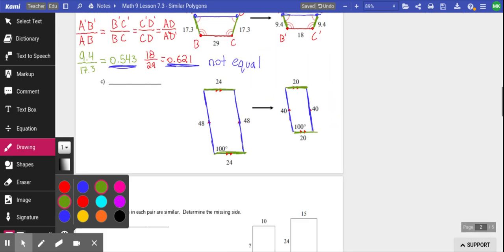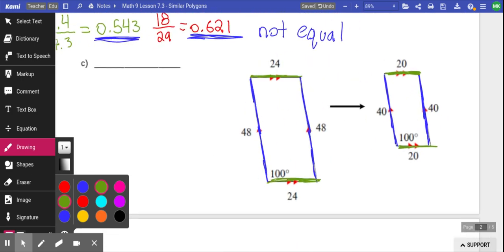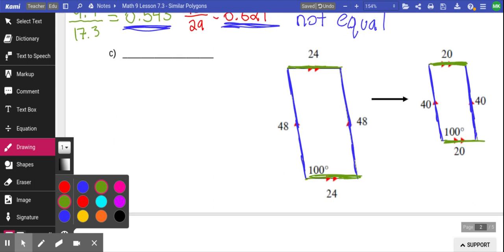If I wanted to see if these things are similar, that means the sides should have been shrinking at the same rate that the top and bottom were shrinking, meaning that they must have the same scale factor. You want to do new divided by old. My new length is 40 on the side divided by my old length of 48. That tells me that the scale factor that the sides grew at was 0.83 repeated.